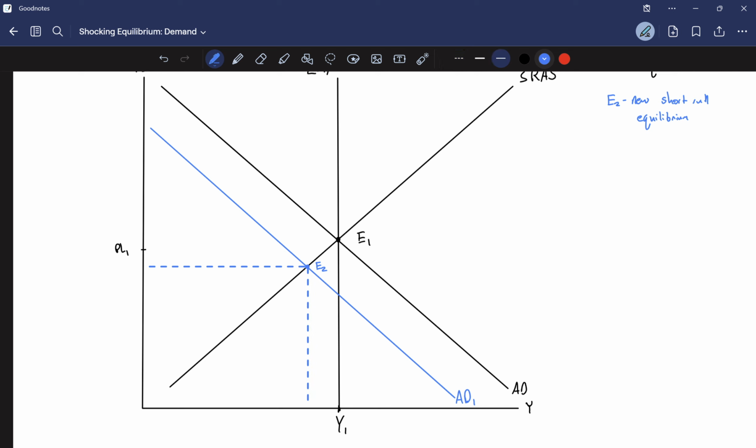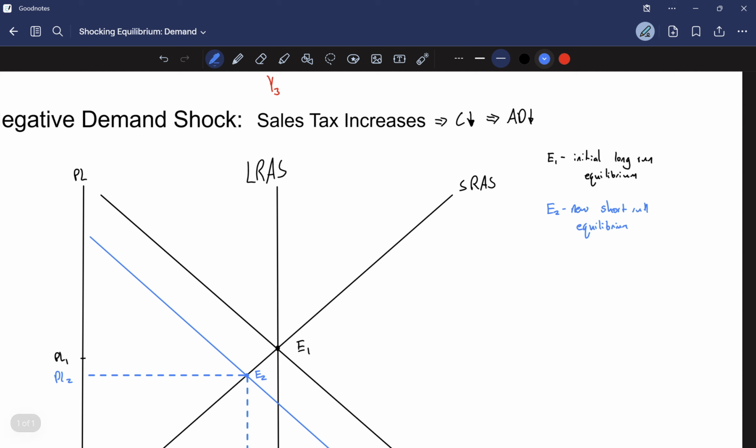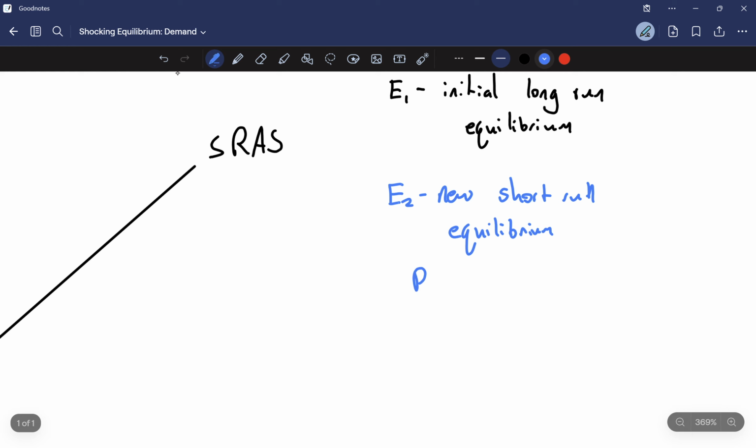Price level 2 and output 2. So when we get to E2, we see that price level 2 and Y2 are both less than our initial price level and output.